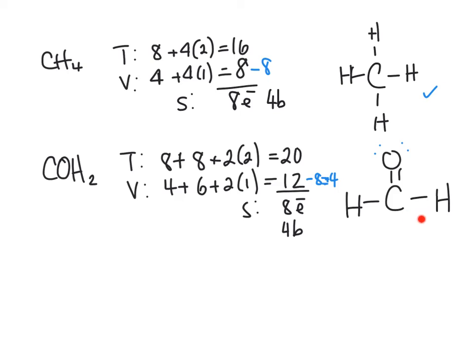Hydrogen 2, carbon 8, oxygen 8, and I've used 2, 4, 6, 8, 10, 12 electrons. And I have 12 maximum. So this method works nicely because it does tell you how many bonds or dashes you should have in your structure.